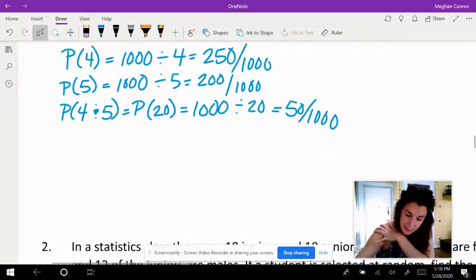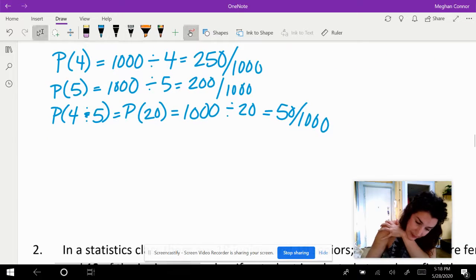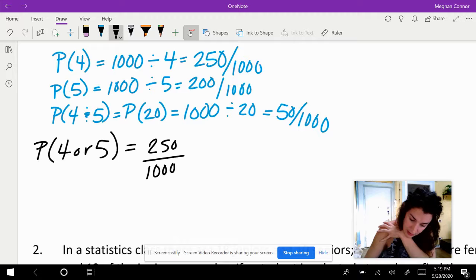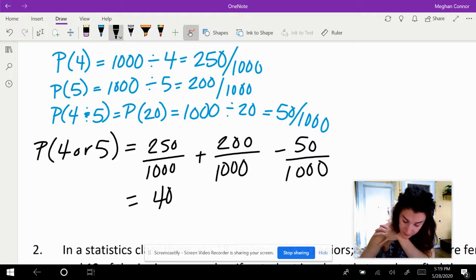So plugging these numbers into our formula, the probability of 4 or 5 is equal to 250 over 1,000 plus 200 over 1,000 minus 50 over 1,000, which is equal to 400 over 1,000, and we can simplify that fraction down to 2/5.